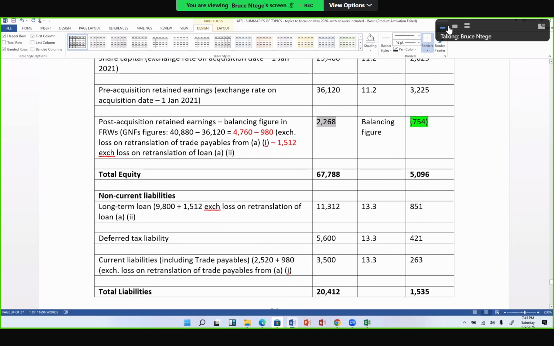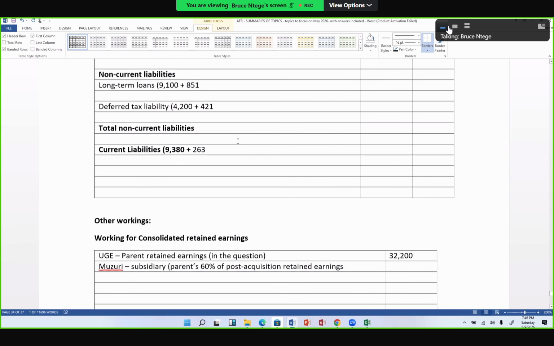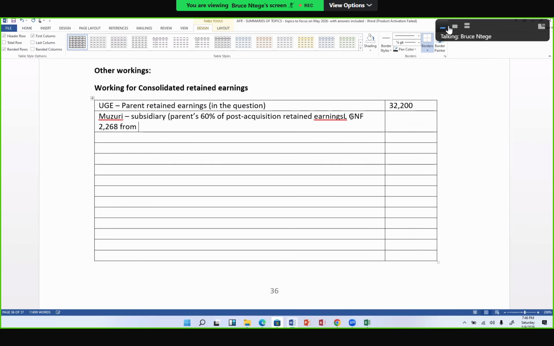So 2268, which I've picked from the translated statement of financial position, at the average rate.